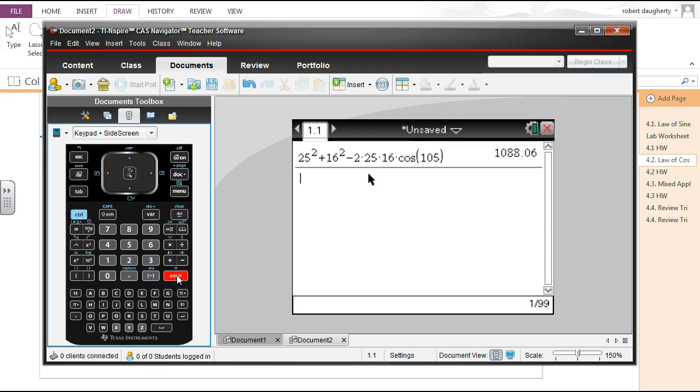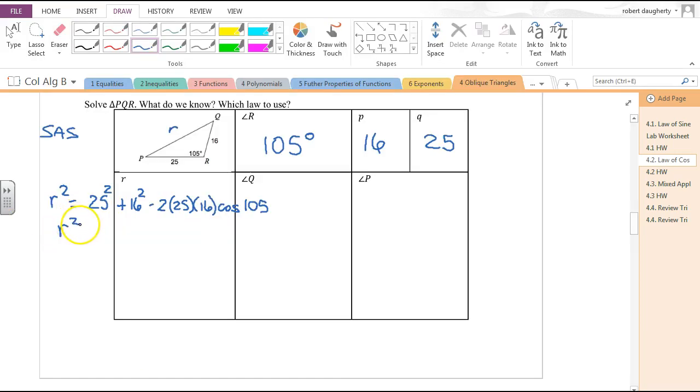That is 1088.06. So R squared equals 1088.06. What am I really wanting to solve for here? R. So I need to do what? Square root. So R is going to be the square root of this.